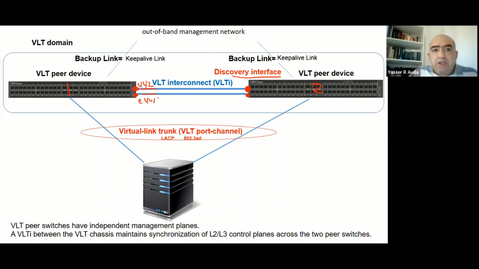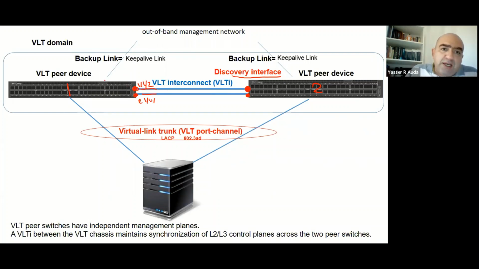At the same time, they need to make sure they are online, so they will send each other a keep alive message. And this keep alive message, which is sent every few seconds, cannot be sent through these two links, the VLTI.